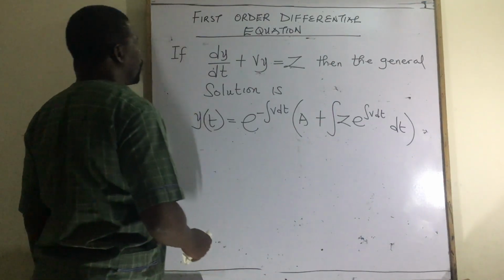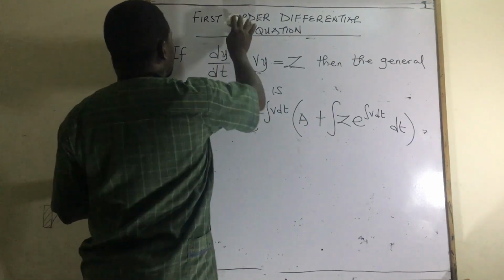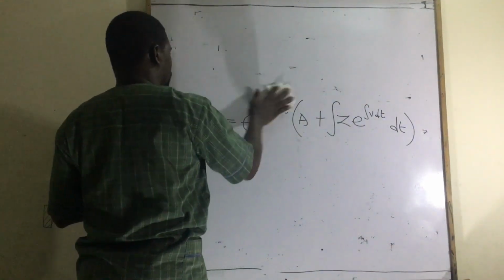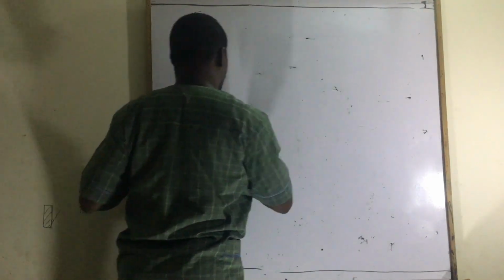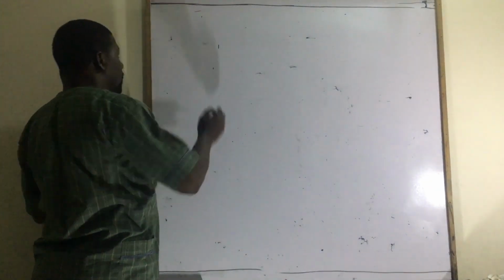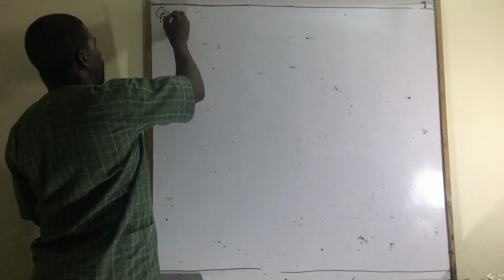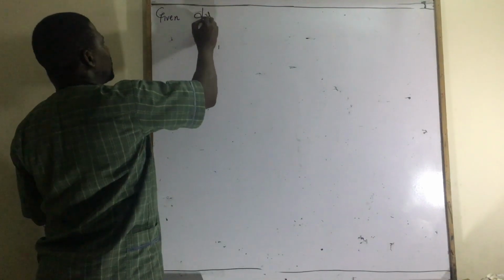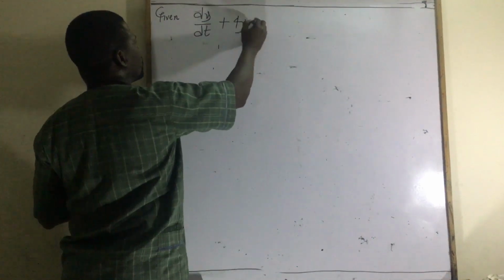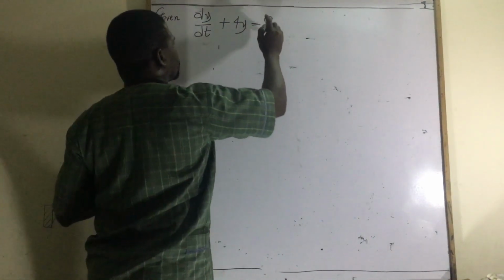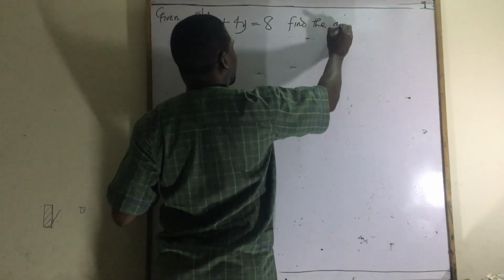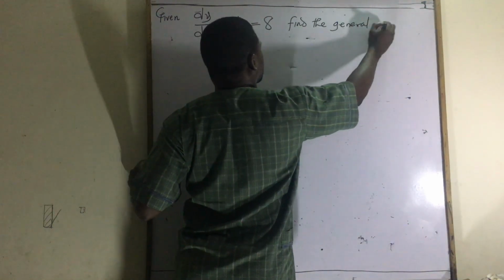Let's assume you are given dy/dt plus 4y equals 8. Find the general solution.